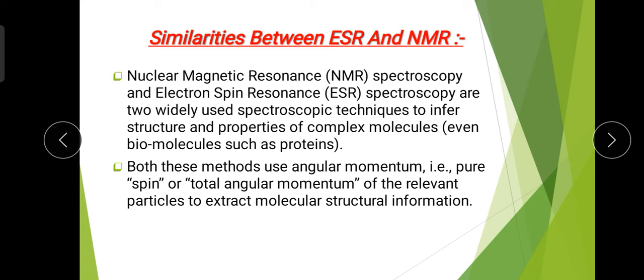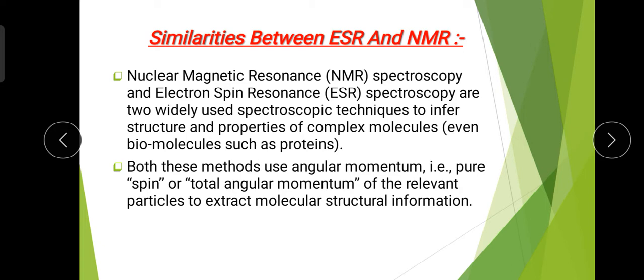So the common thing is we can study the pure spin or total angular momentum of that sample, and this is common in both techniques, that is in ESR as well as in NMR.